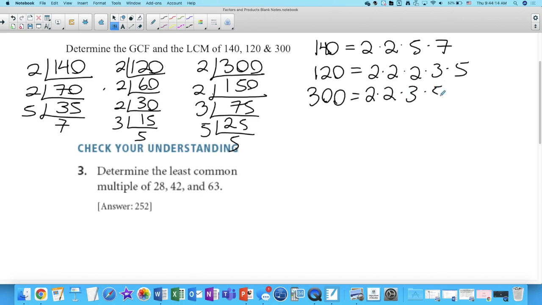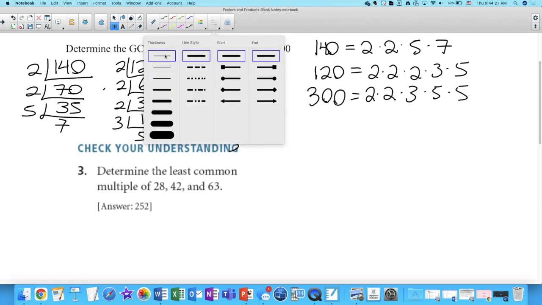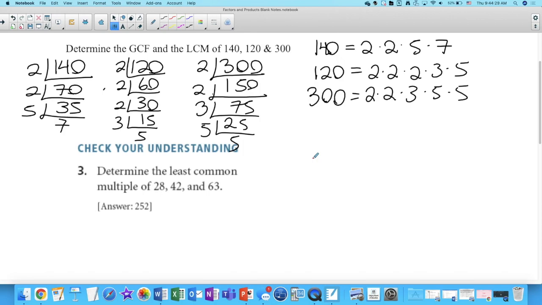Okay, so for my greatest common factor, I'm going to underline all of the shared primes. I'm just going to start with the first one. You could pick any one to start your comparison. All right, so let's start with 140. Do all of the prime factorizations have a 2? Yes. And I like to underline all of them so I know I've used that one up.